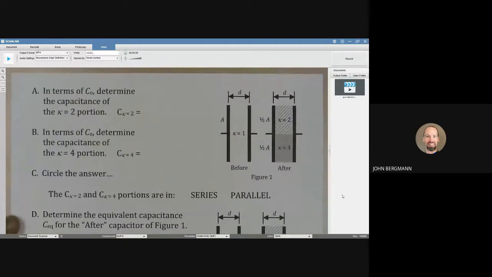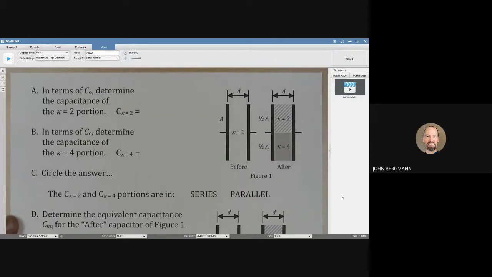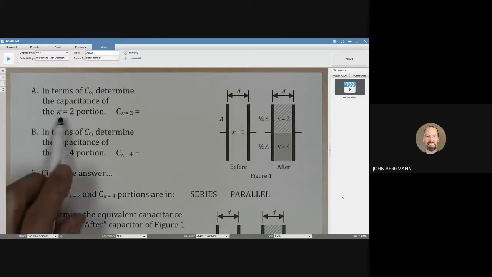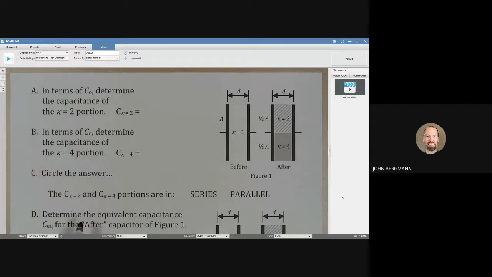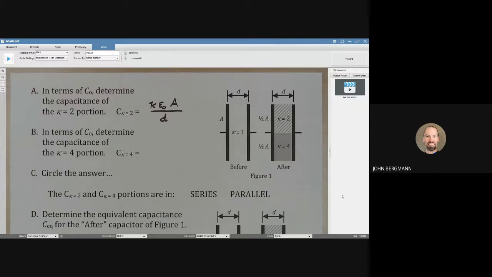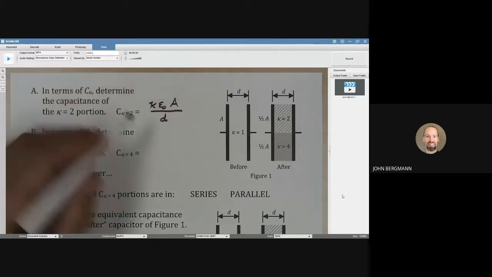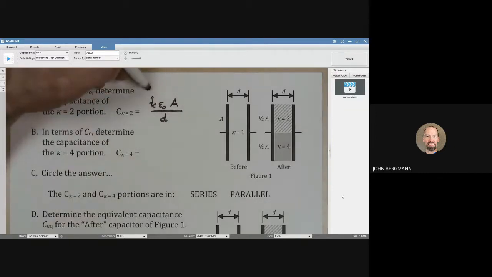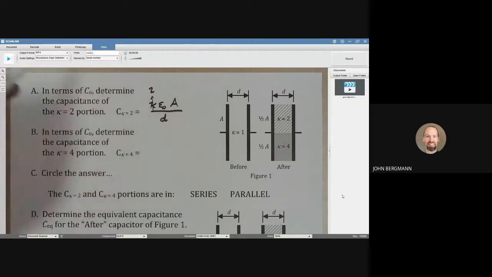In terms of C naught, determine the capacitance of the kappa equals 2 portion. The capacitance is the dielectric constant times epsilon naught times the area divided by D. Now, what has happened here? The dielectric constant used to be 1, but now it's 2. Epsilon naught is, of course, the same.